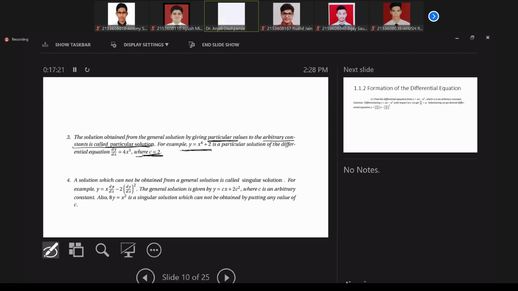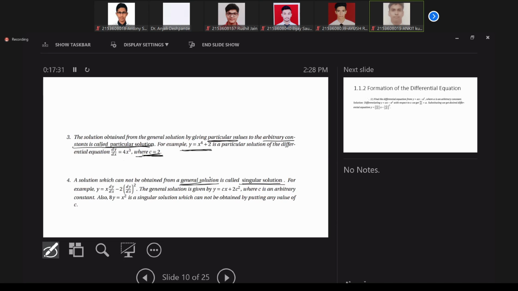And lastly, we have a solution called a singular solution. Why is it called singular? Because it cannot be obtained from the general solution. We are going to be dealing mainly with 1, 2, and 3. We will not have occasion to make use of this fourth one, but I've just given you information about everything. So this is just general definitions about the solution.